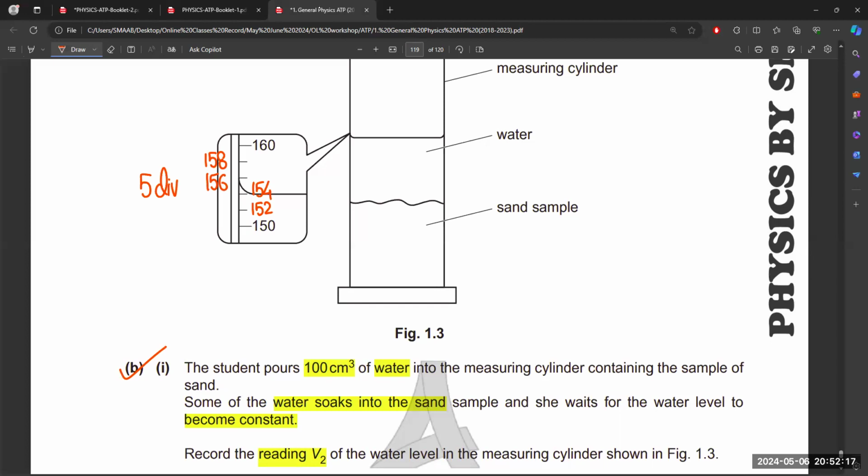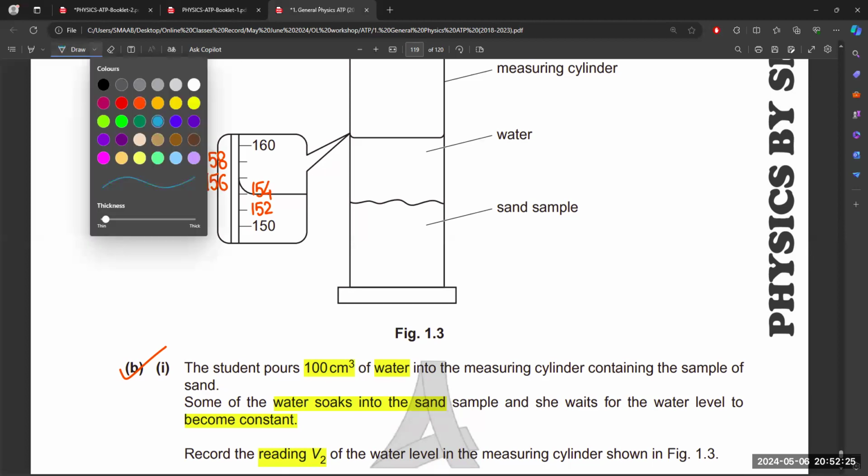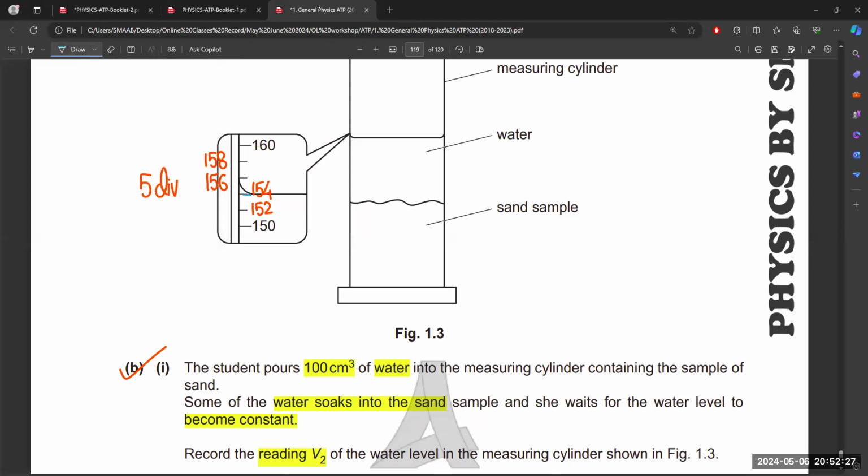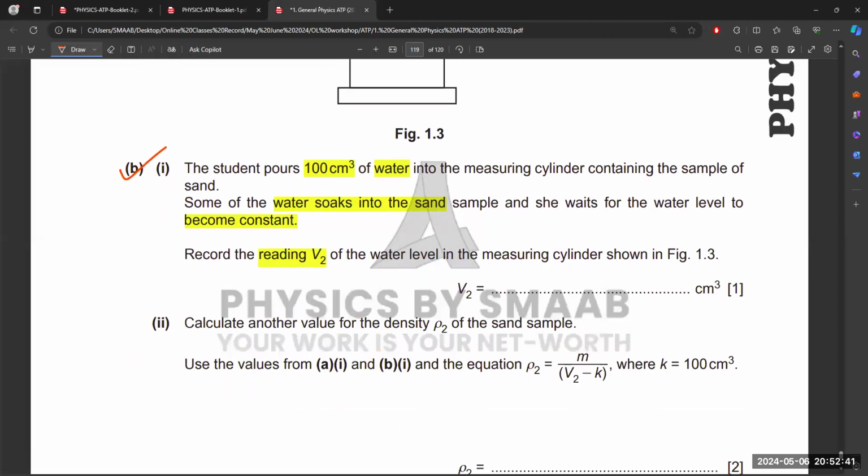So first of all, check the divisions, then the distribution of the divisions, and then record the readings. So this is the level of water, and this is equal to 154. So simple, 154 centimeter cube.